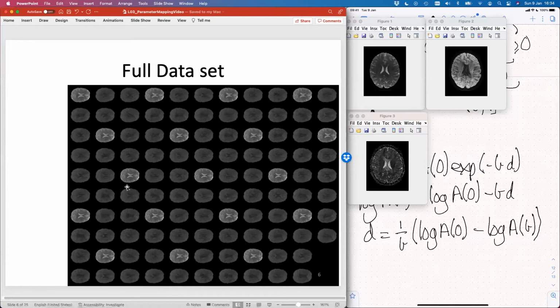And so what we see in this particular diffusion weighted image is that that region corresponding to the corpus callosum is quite bright, suggesting that there's relatively little attenuation of the signal there, suggesting that the diffusivity in the corpus callosum in the direction corresponding to this image is quite low. And that suggests that that gradient orientation is perpendicular to the fibers here. So the fibers are running left-right, so the gradient orientation must be in some perpendicular direction to that.